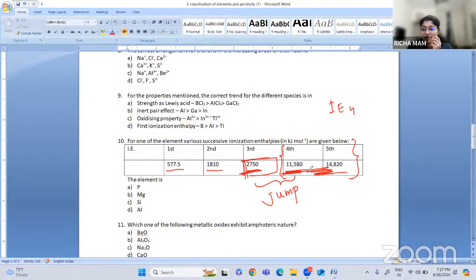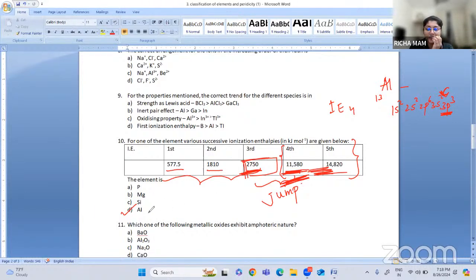When you are removing the first three electrons, the energy is almost the same, but when the fourth electron is removed there is the highest jump. So it is aluminium.